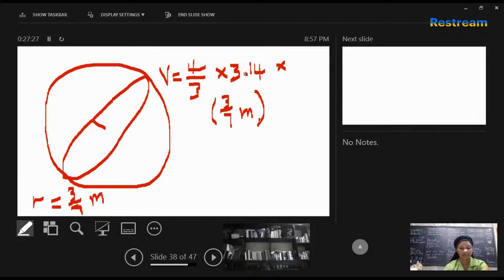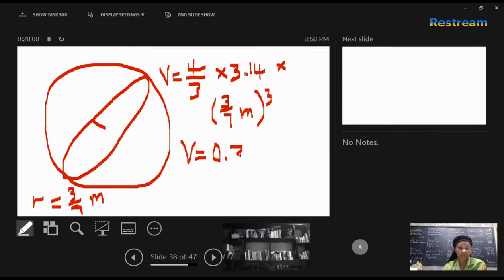That's it. It's the volume. Yes, miss. Cube. Okay. So the volume is 0.8 meters squared.